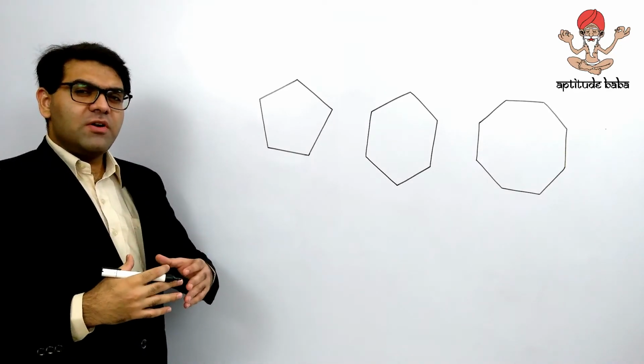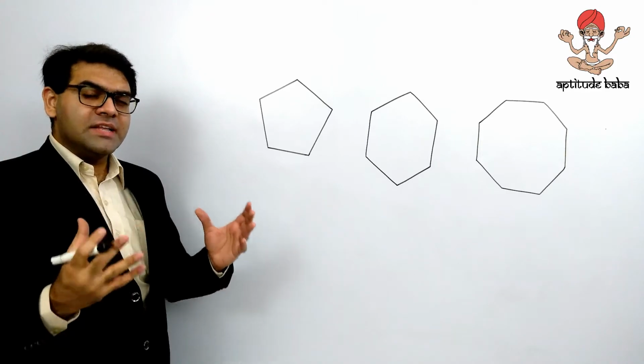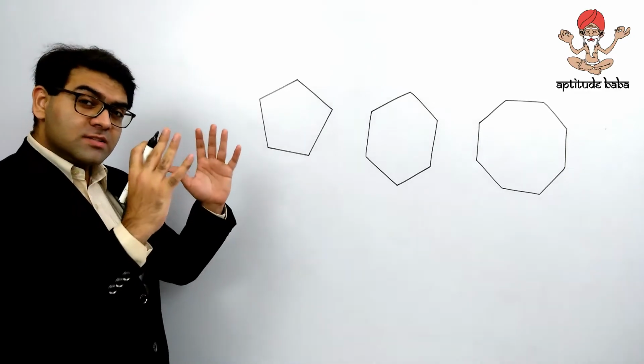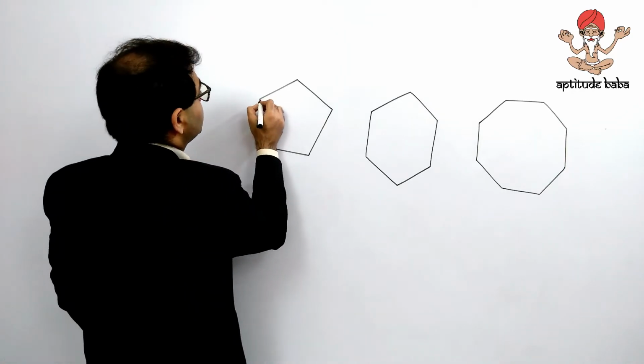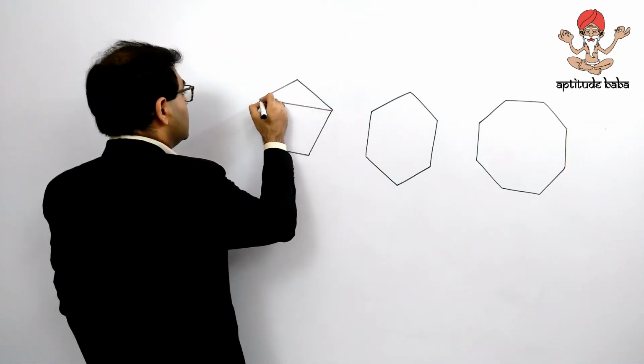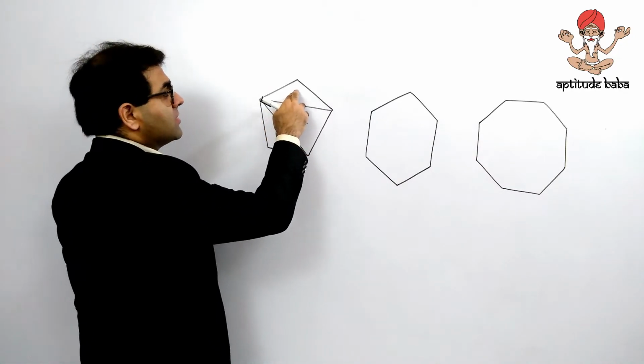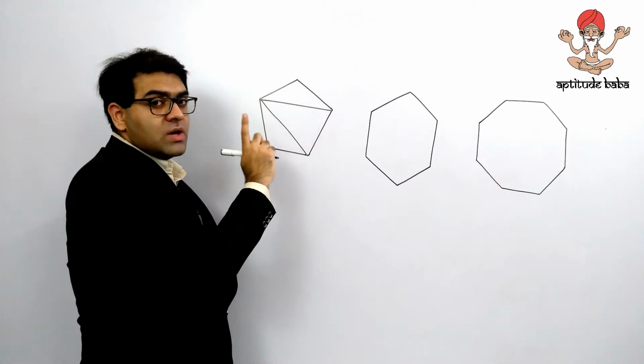Well, if I have to find the sum of all interior angles of a pentagon, an easy way would be to divide this pentagon into 3 triangles. As we know, sum of interior angles of one triangle is 180 degrees.